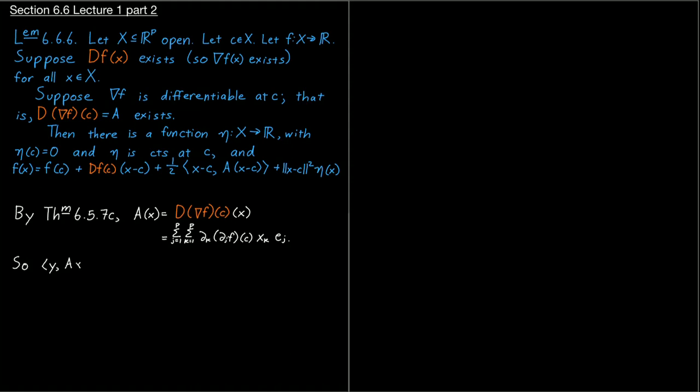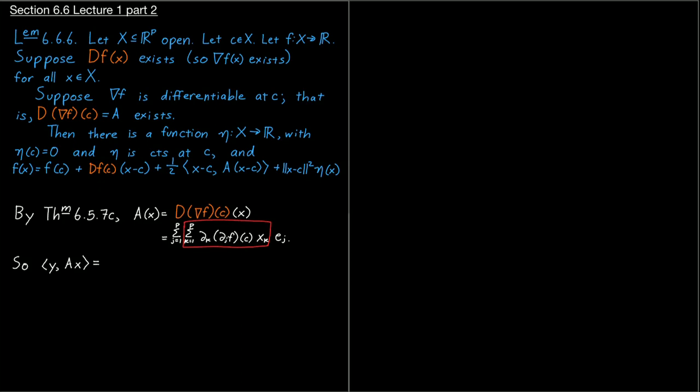So if we take the inner product of y with A of x, which is often written Ax, remember, the jth component of this thing is just whatever is attached to ej, which means this piece.